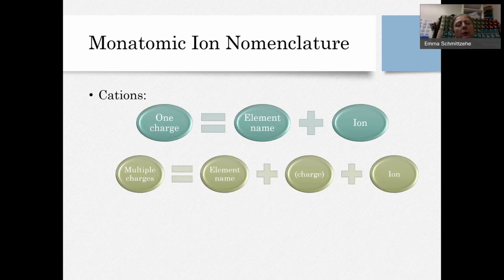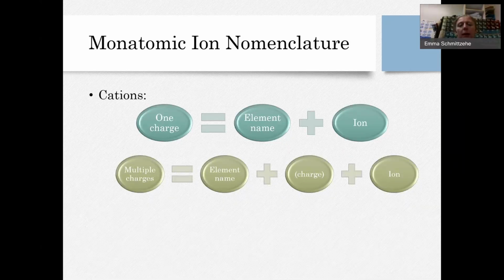Okay, so if this cation only forms one charge, meaning this is an atom that is willing to give up one electron and one only, or two electrons and two only, or three and three only, then that's something we know because that is specific behavior of that element that we always see. And so to name that, we keep it very simple.